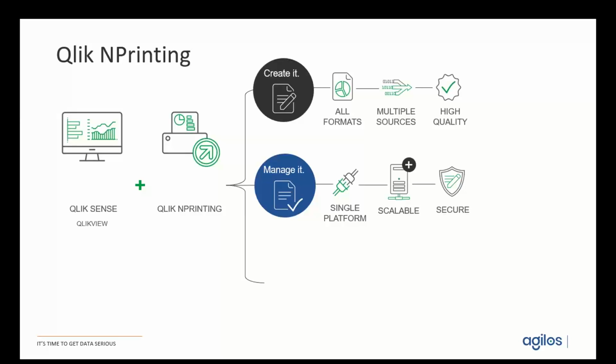You want to automate it, you want to secure it, so you define integrated security based, for instance, on the Active Directory that you have. You can scale it so that you first install it on a small server, and then if you want to produce thousands of reports every Monday morning, for instance, well, maybe you add some hardware. So you have a scalable solution in the same way as you have a scalable solution when you set up Qlik Sense.